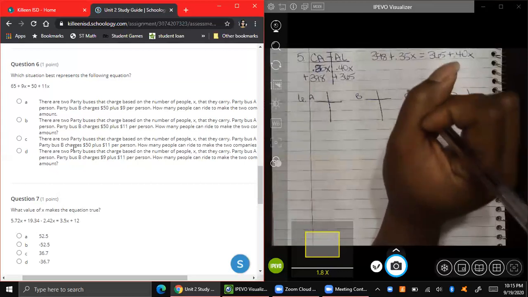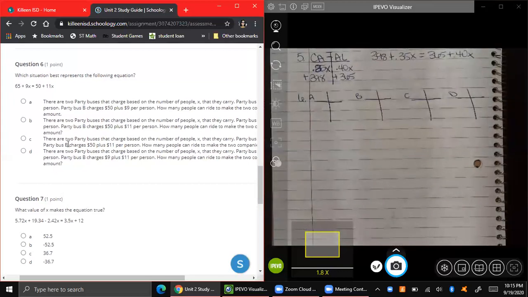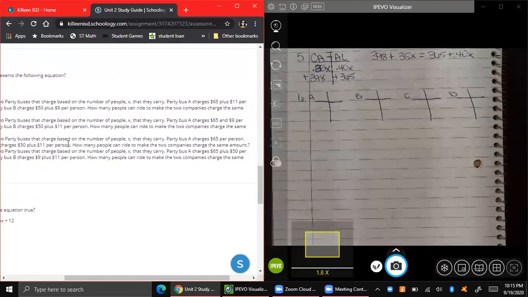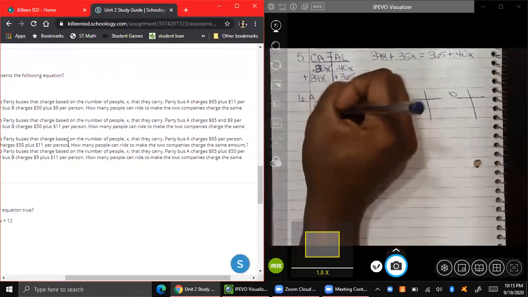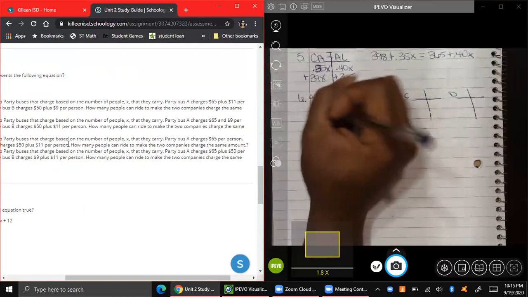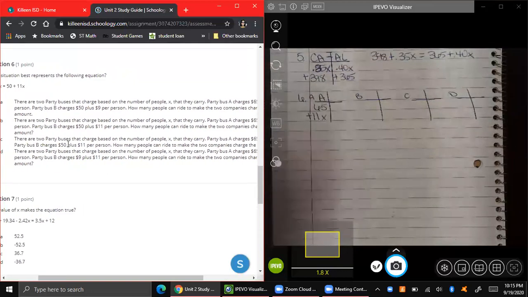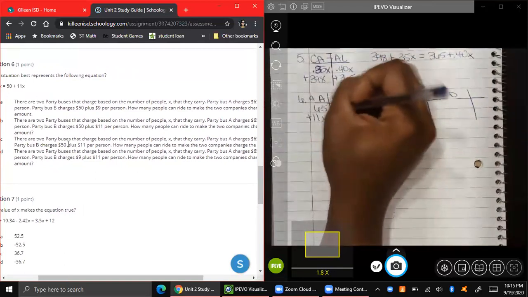Answer choice A says there are 2 party buses that charge based on the number of people that they carry. Party bus A charges $65 plus $11 per person. And this is party bus A. And then party bus B charges $50 plus $9 per person.